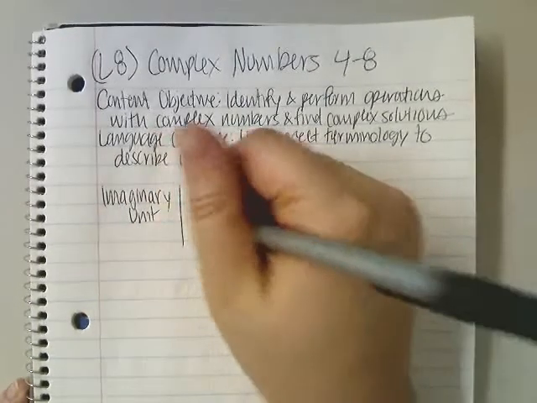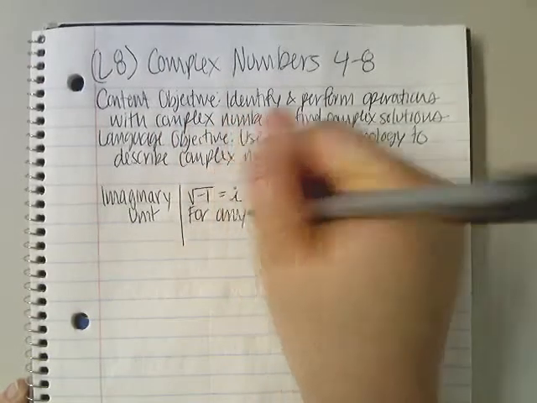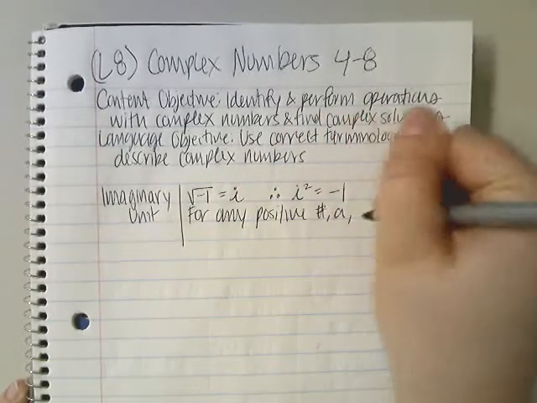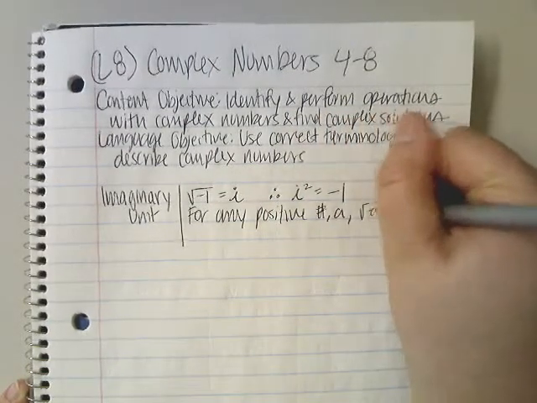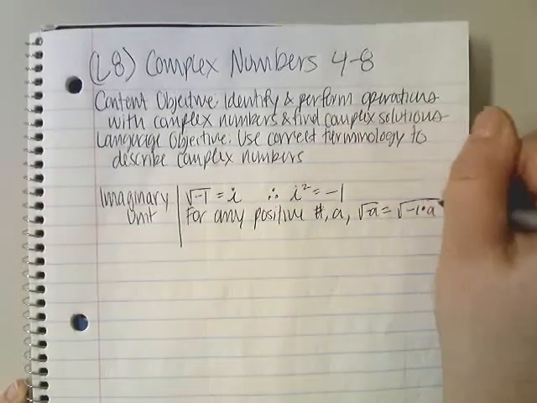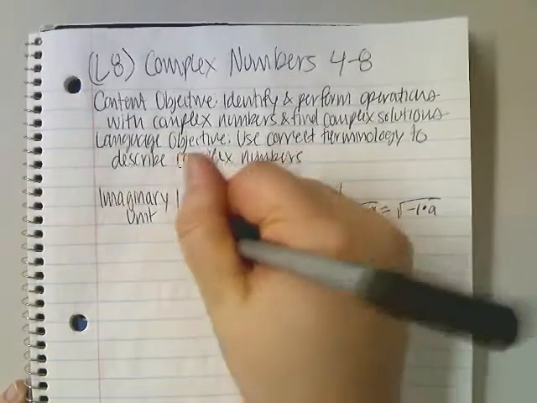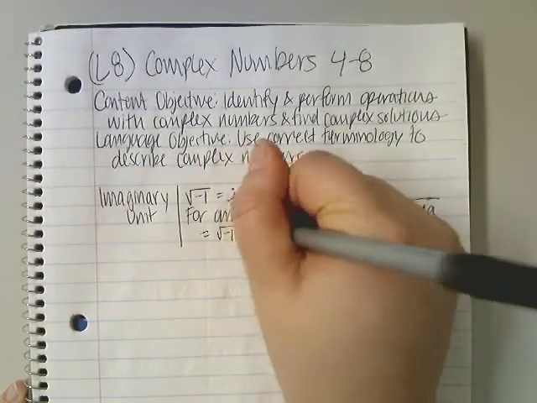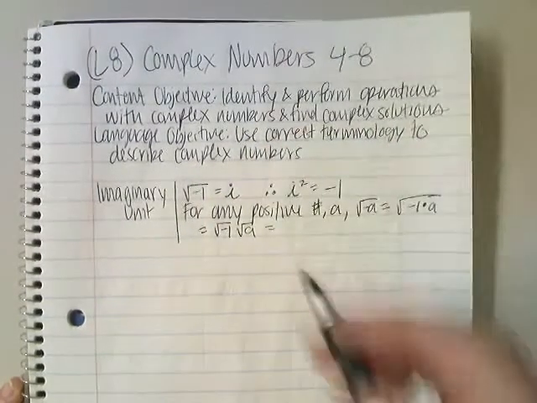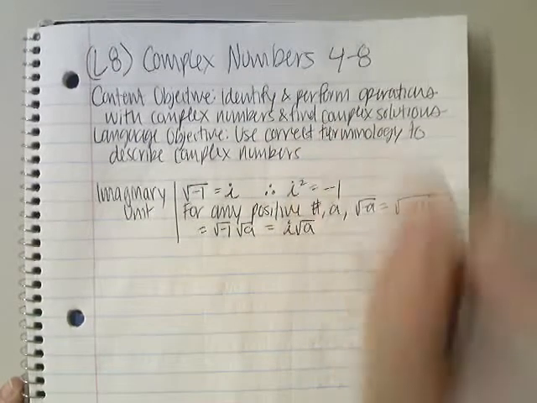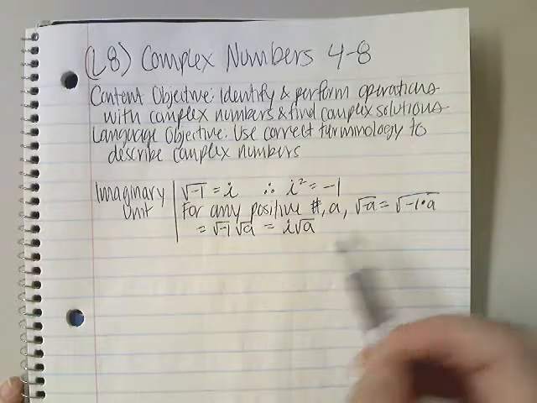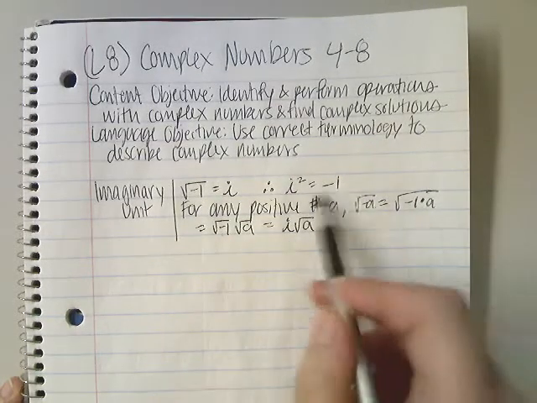And the reason we're talking about this is because for any positive number a, the square root of -a is equal to the square root of -1 times a, which would be equal to the square root of -1 times the square root of a. Since we know the square root of -1 is i, it gives us i times the square root of a. So we can rewrite a lot of radicals by using our imaginary unit.